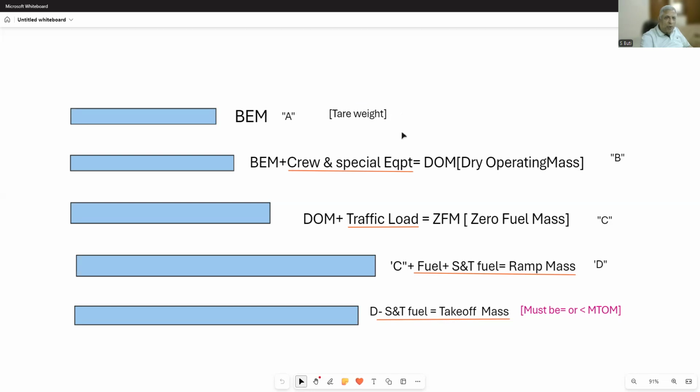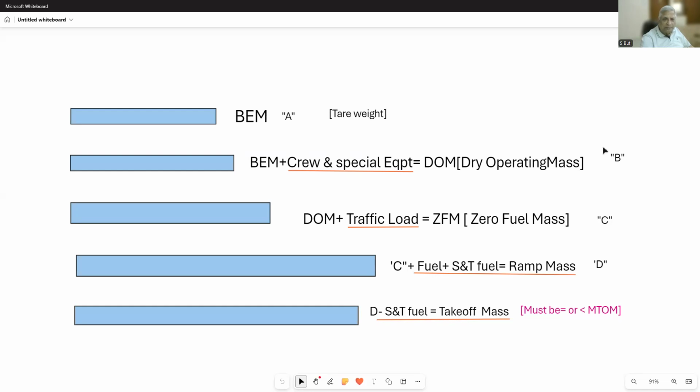Now, depending upon the rules and regulations, there is a certain crew you will carry, that is your air crew and ground crew, and the equipment that they carry with them, all the food, liquor bottles, etc. So basic empty mass plus crew and their special equipment is known as the dry operating mass, DOM.